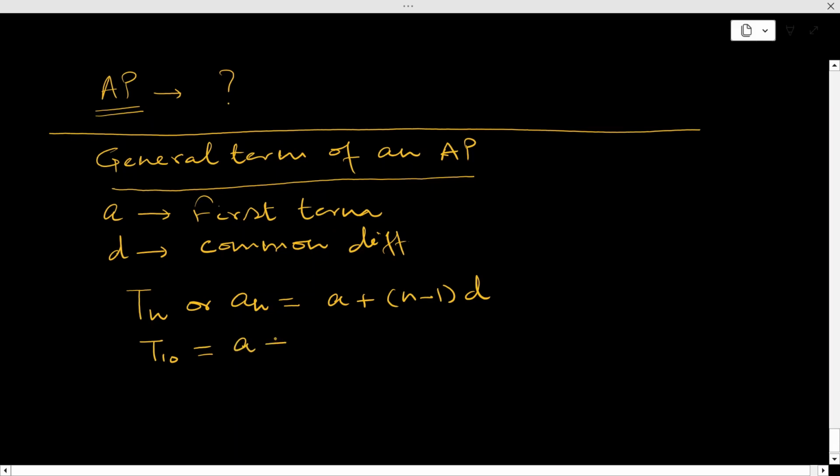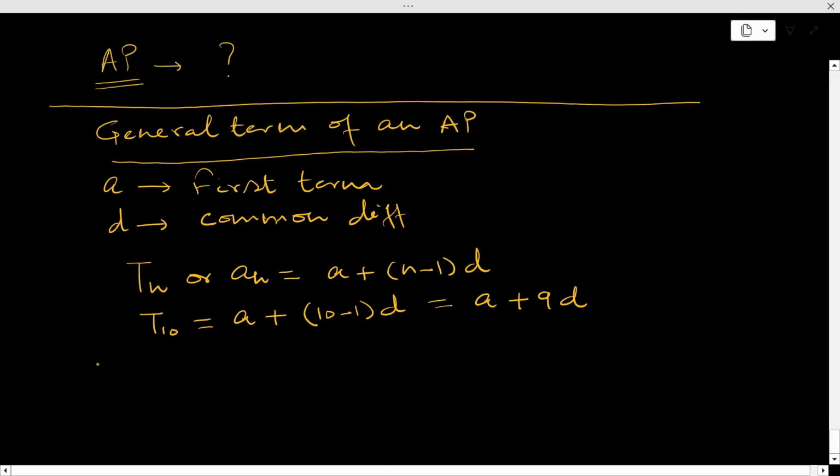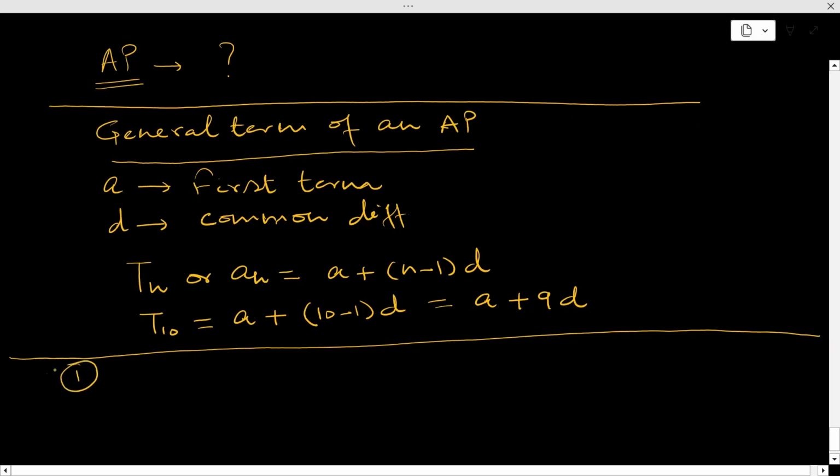So this will be A plus, now this is the value of our n, so 10 minus 1 into D. You can easily obtain this as A plus 9D. Okay, so we have some general problems on this. Let us discuss some simple problems based on this formula.